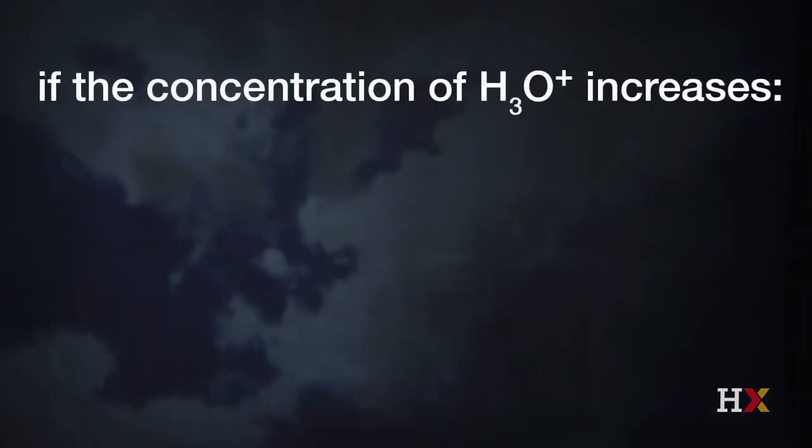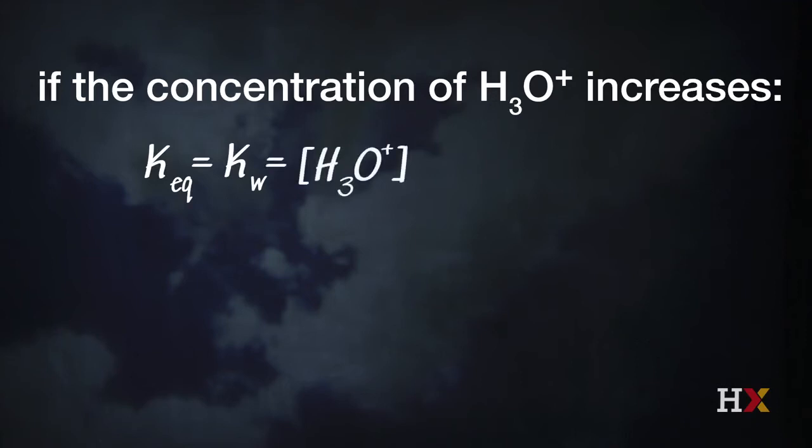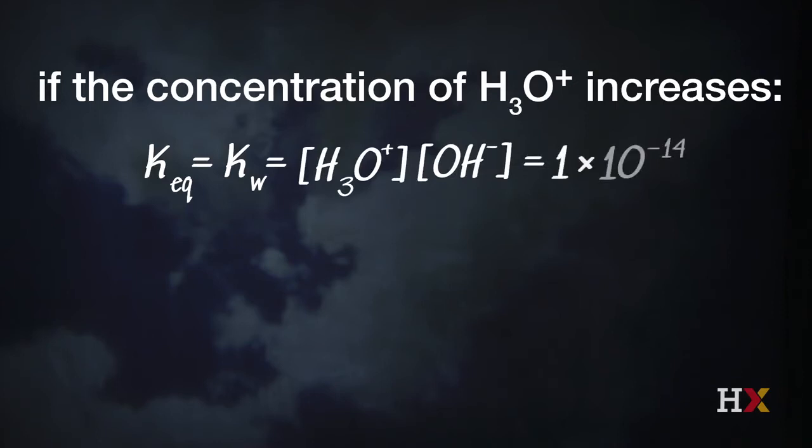Now let's take a look at another extremely important aspect of this. Let's suppose the concentration of H3O+ increases, and we're going to see how we do that in just a moment by putting an acid into water. But the crucial point is that because we write this equilibrium constant for water reacting to form H3O+ and OH minus, we call this the equilibrium constant for water, and we know that that's equal to the concentration of H3O+ times the concentration of OH minus, but we also know that this is equal to 1 times 10 to the minus 14.